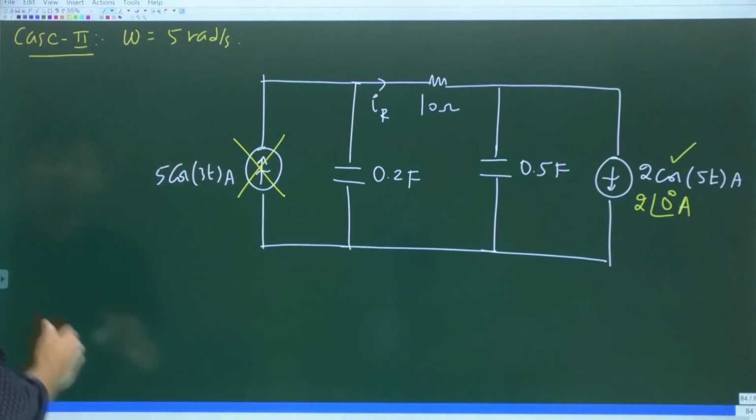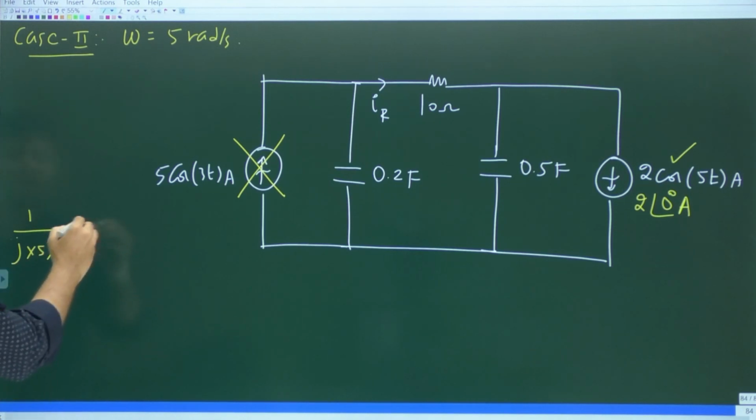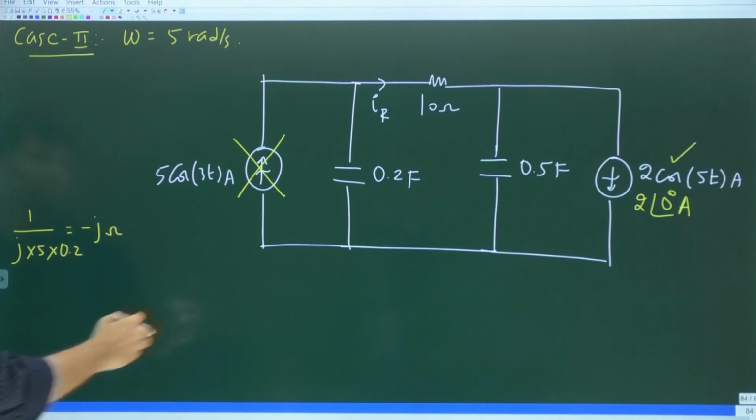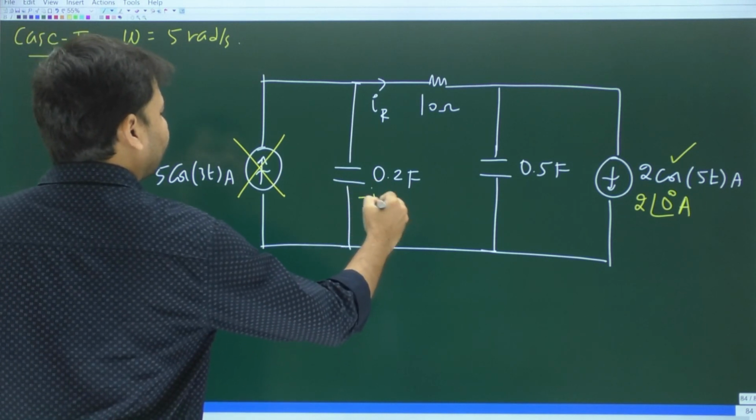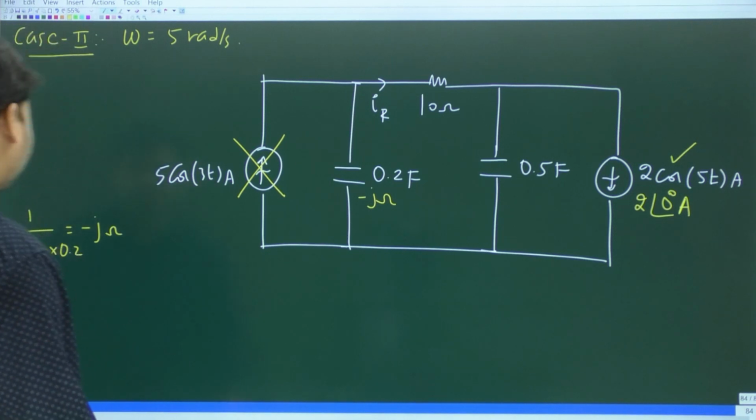So 1 by j omega C. Omega this time is 5. C is 0.2. 5 into 0.2 is 1. J into 1 is j. 1 by j is minus j. So this 0.2 farad capacitor will become an impedance of value minus j ohms.